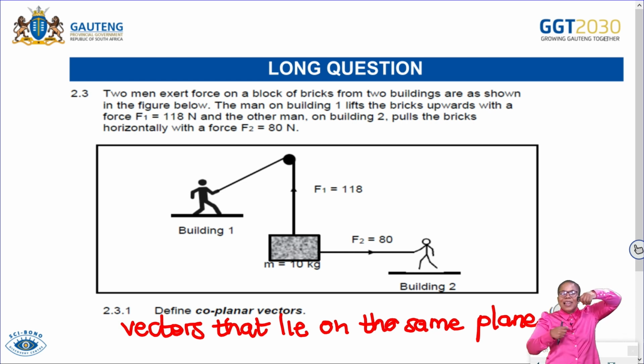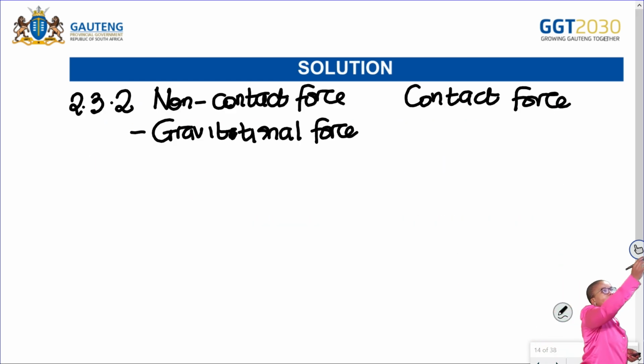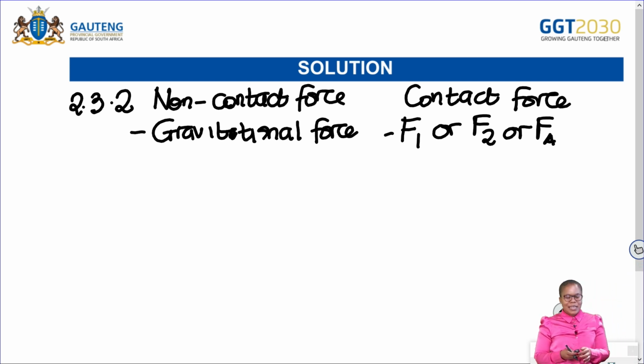Because they're applying a force by pulling this block, F1 and F2 are in contact with the block. So it can be F1 or F2, or you can just say applied force, because they are applying a force onto the block. That's how easy it is.